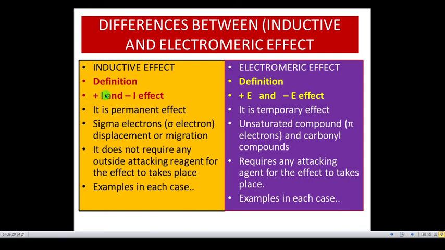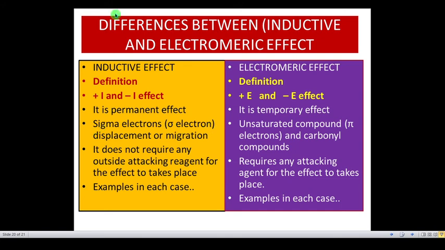As usual, we have the inductive effect here, positive inductive effect and negative inductive effect. Here also you have positive E effect and negative E effect. The inductive effect is a permanent effect, whereas the electromeric effect is a temporary effect.